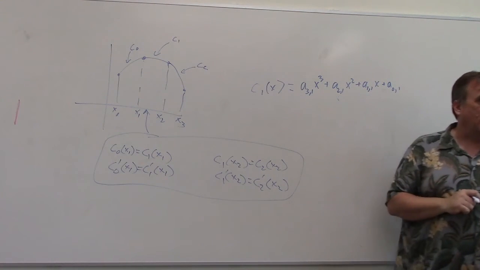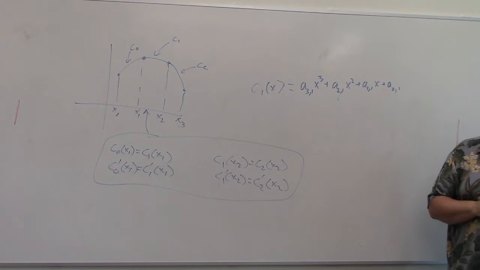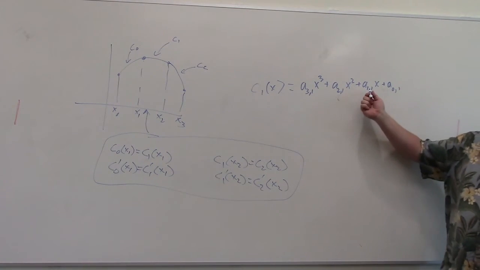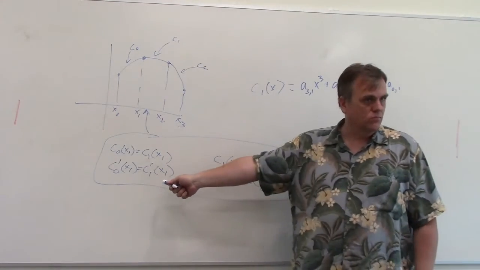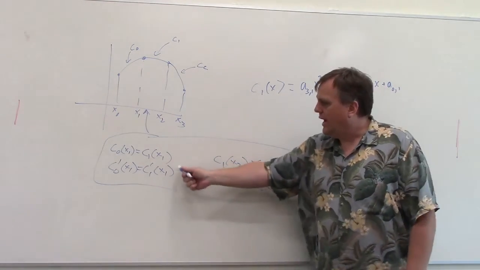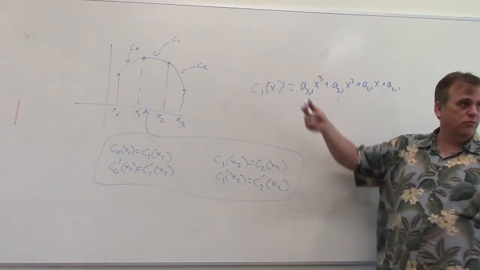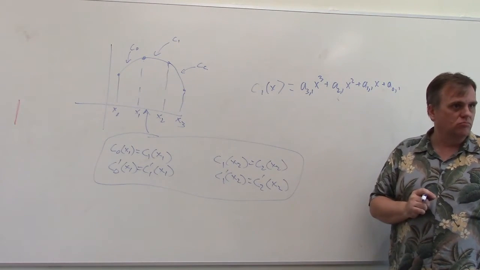Right? I could make that my cubic spline. And then for each one of these, I could just take that and stick it in. As we're going through, I can take its derivative, and away we go.